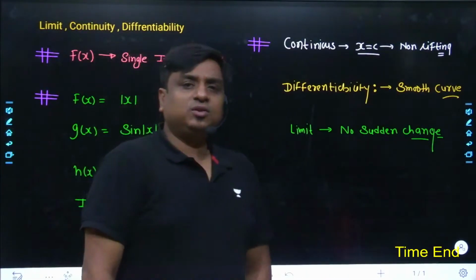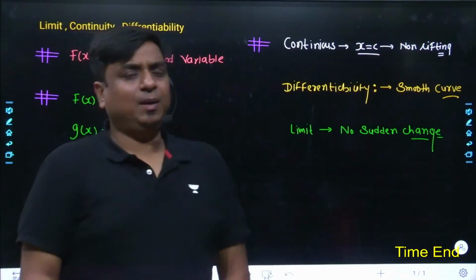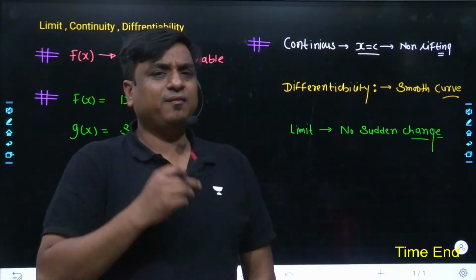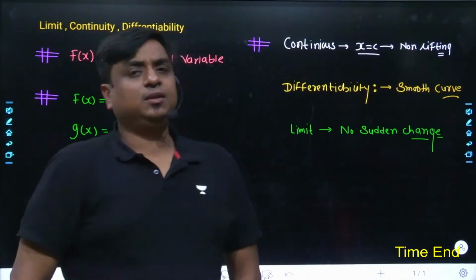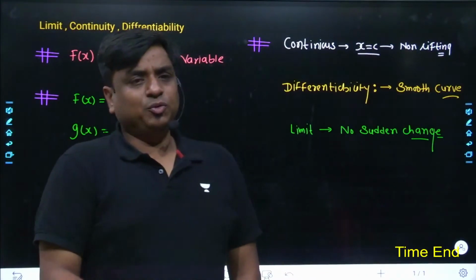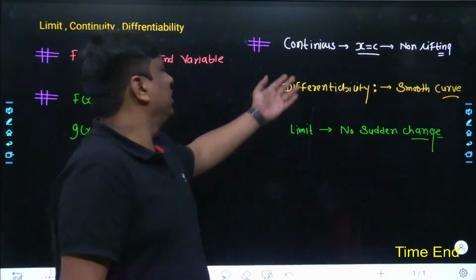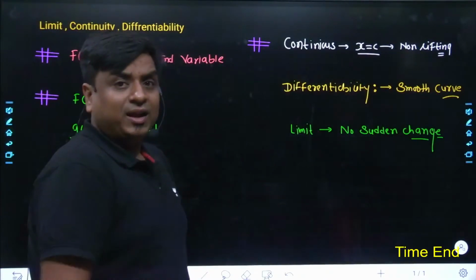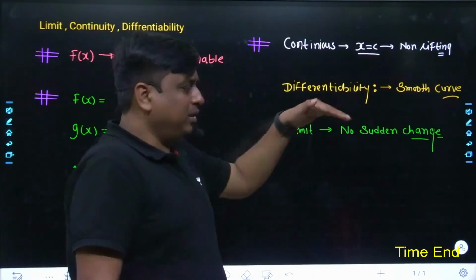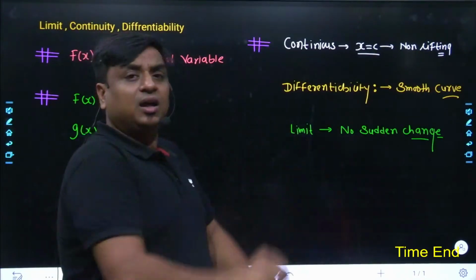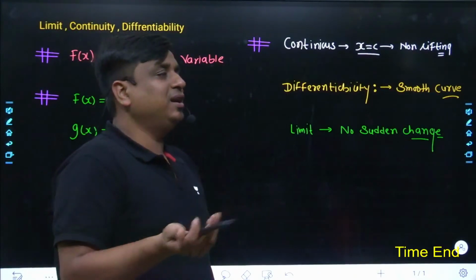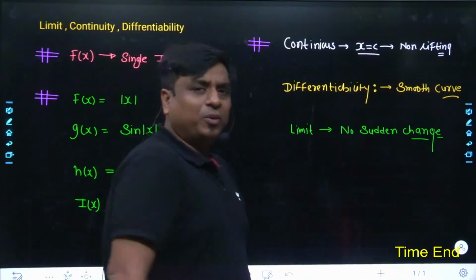Whenever you have this kind of problem focusing on continuity, differentiability, or the existence of the limit, I would request you to go ahead in the graphical manner. If you have a little idea how the graph looks, with the help of those graphs you will be able to find out whether the pen has been lifted while drawing the curve at the point of interest x equal to c, and whether the function is smooth such that a unique tangent can be drawn at that point, and obviously that slope is the slope of the function at that point.